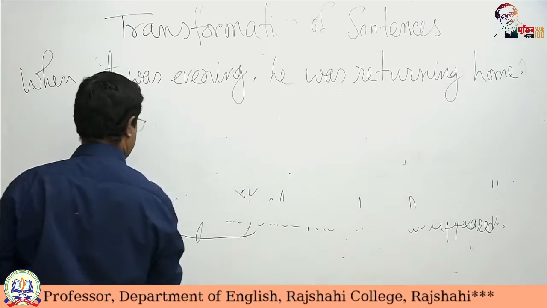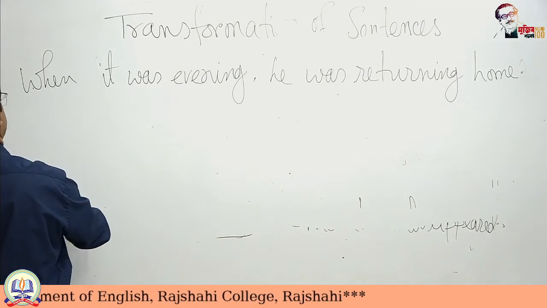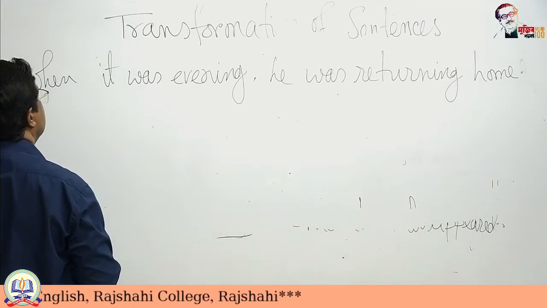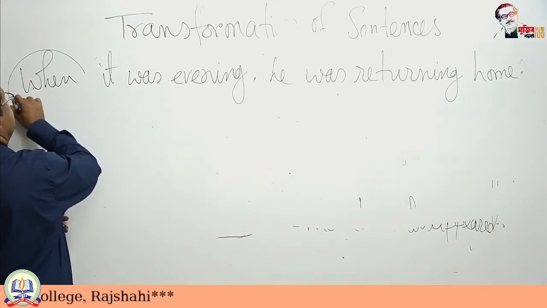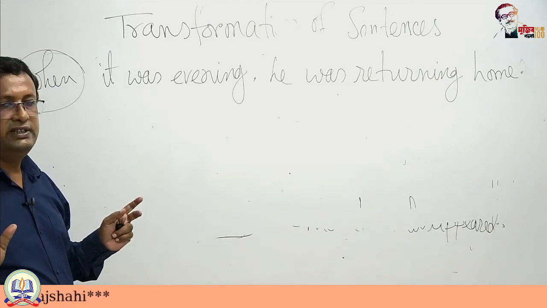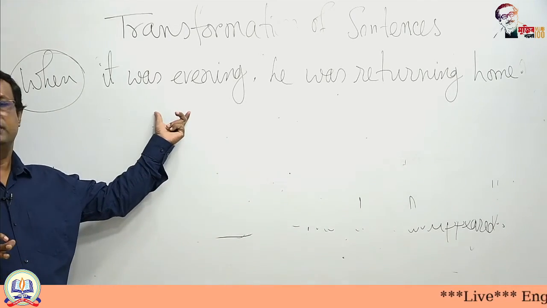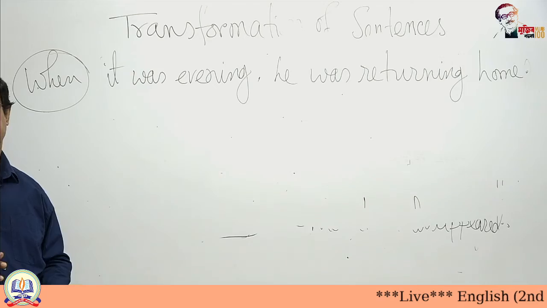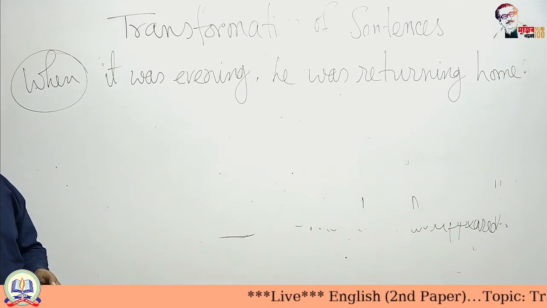I have mentioned in our structure that if we have when with a particular time, or a definite time, we can change this part with a preposition. We can use any preposition, in, at, or something like that.